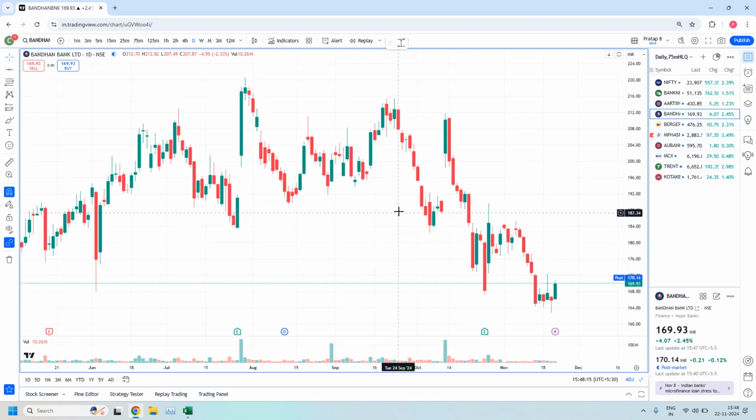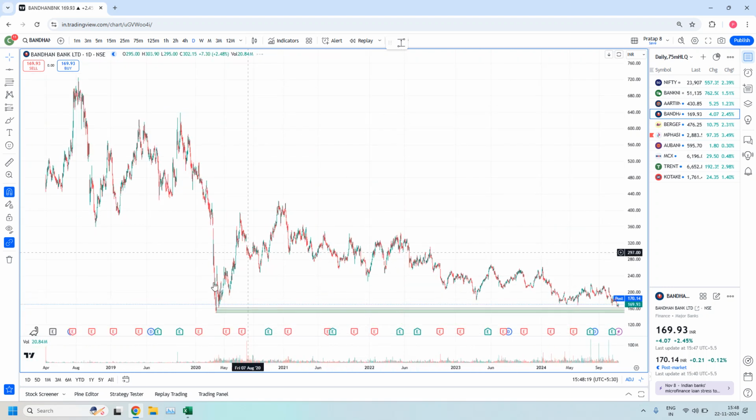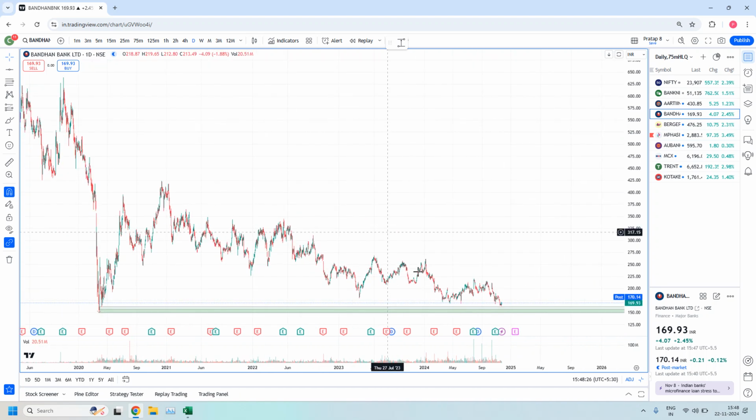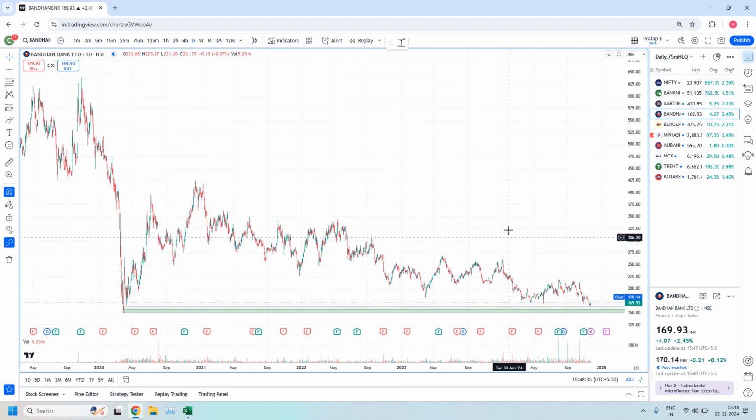And Bandhan Bank is almost a 4 year old zone, March 2020. So 15 minutes and 5 minutes data is not available in TradingView. So that is the reason why we didn't focus on anything. Previously we discussed this stock.